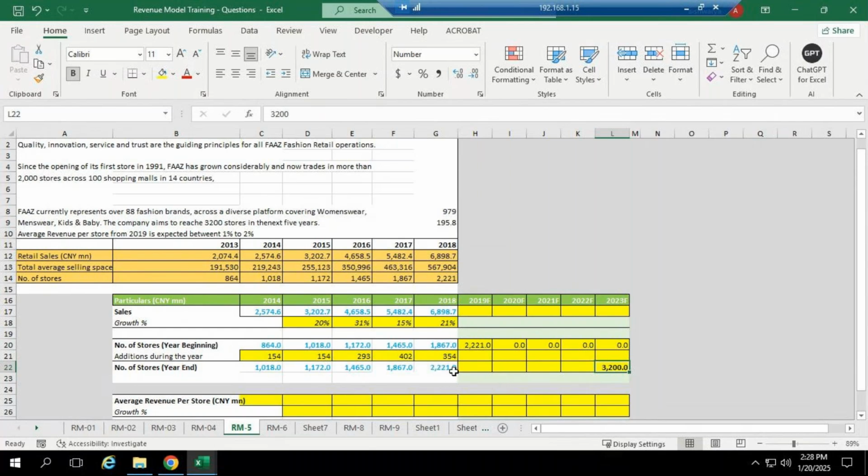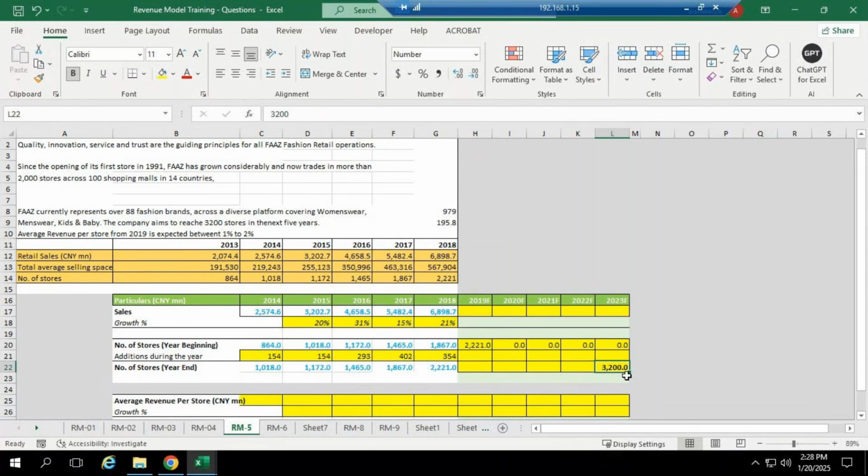This one will be the opening balance for the year beginning, for 2019. So now what was the year end goal? 3,200. So now 3,200 minus 2,221.